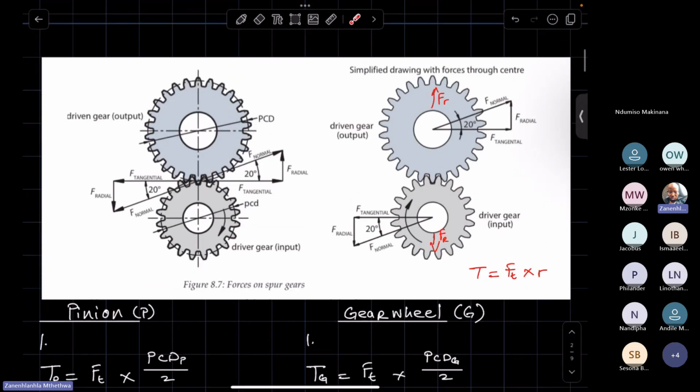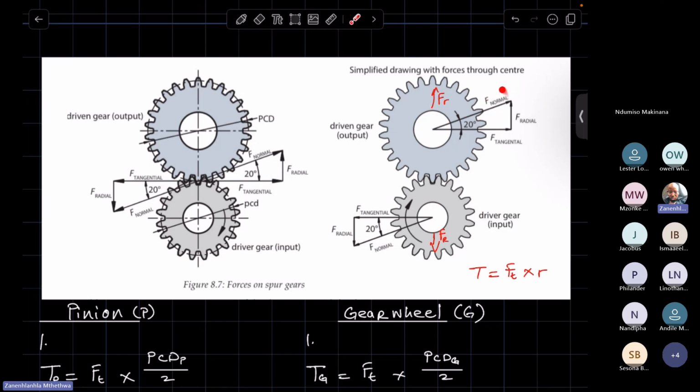And then to get the normal force, bearing in mind that you have the tangential force, you are looking for the hypotenuse of this triangle. You have the angle, the side you have is adjacent to the angle, and the side you're looking for is the hypotenuse.